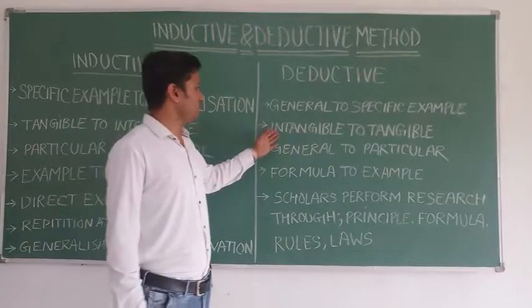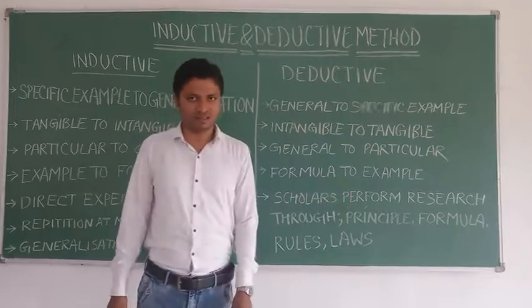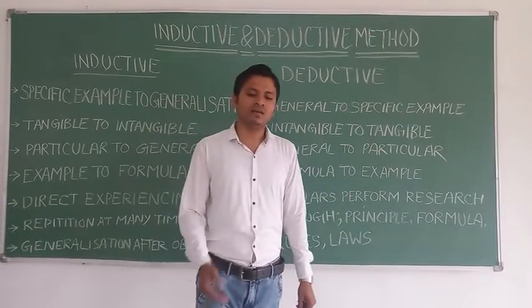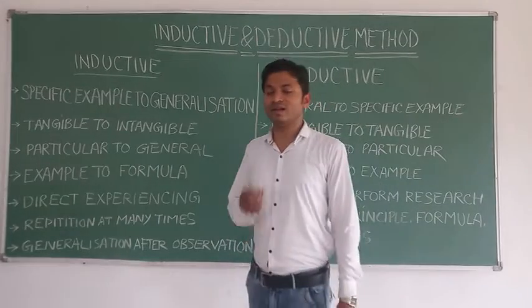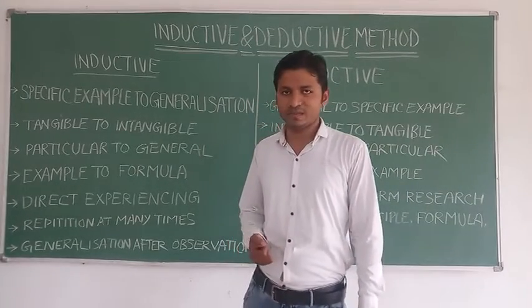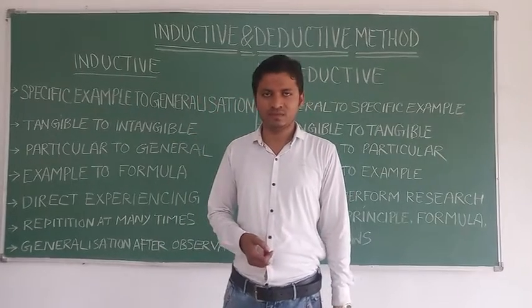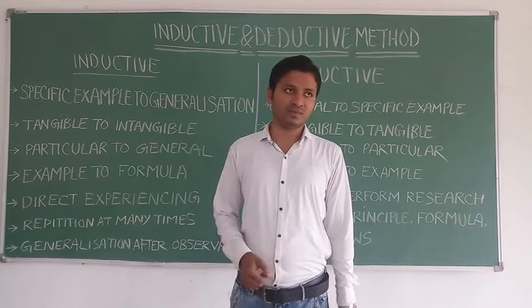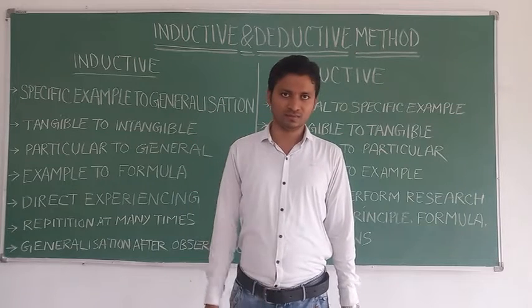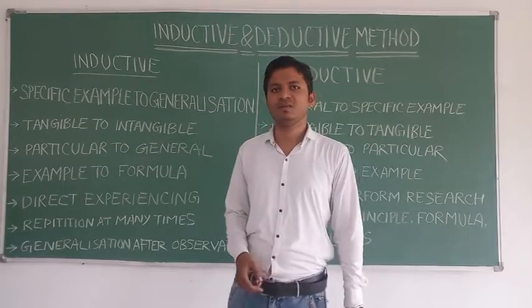The next is that the deductive method goes from intangible to tangible things. You can say a theory, a formula, a law is an intangible thing. The society itself is intangible. When a social process goes on, only then can you experience the social structure or the social system.